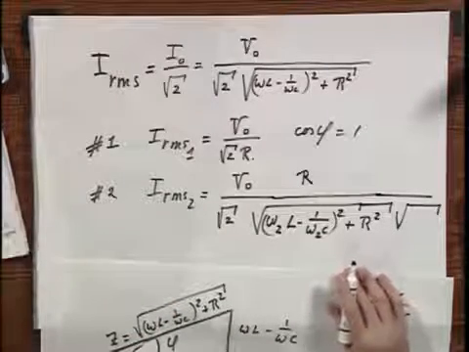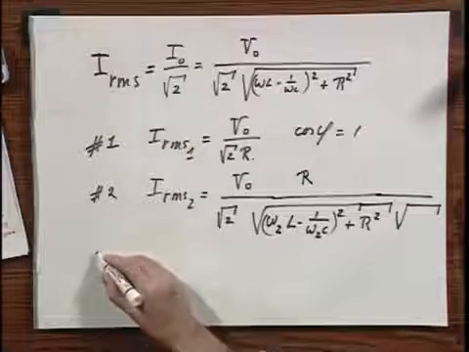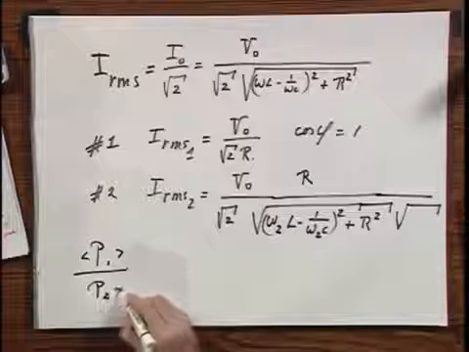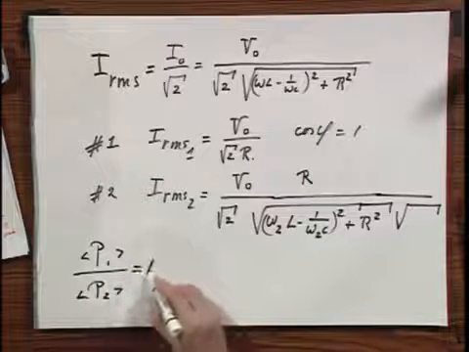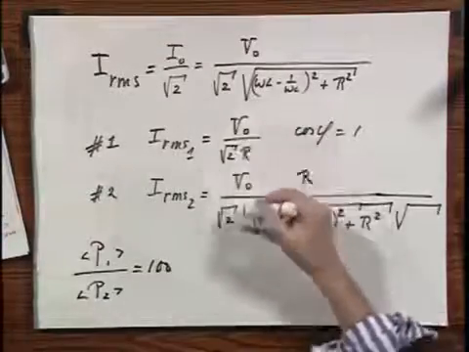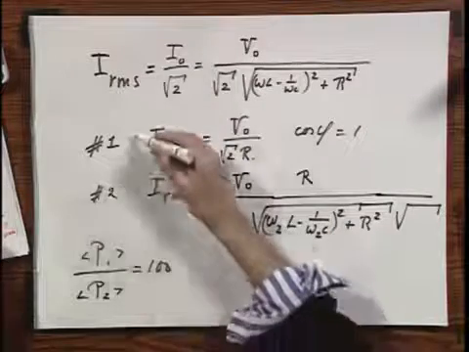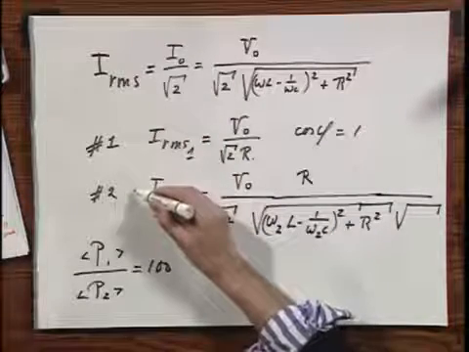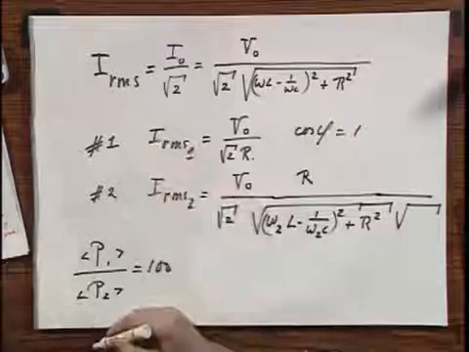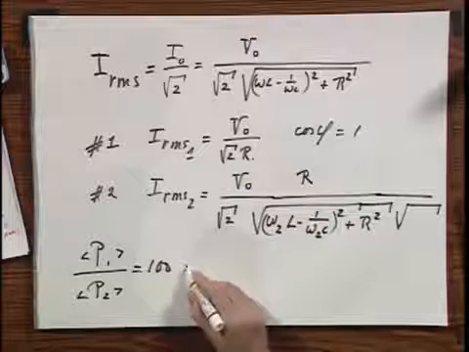And so now my task is to calculate the ratio P1 divided by P2, which is 100. And so I take the ratios of these two values because the VRMS here is exactly the same as the VRMS here. So when I take the ratio of the power, I can delete the VRMSs and I can also delete the square roots of 2's. And so what do I get?